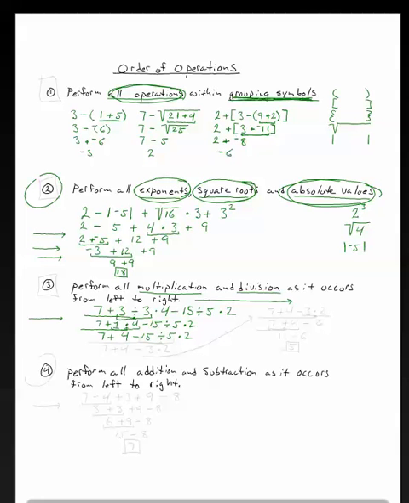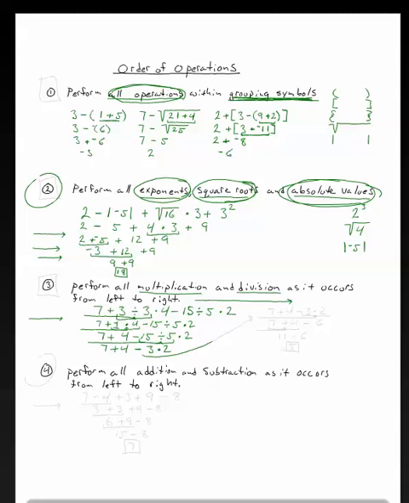And now I've still got multiplication or division in my problem, so I scroll from the left to the right looking for a multiplication or division. And I find one right here. 15 divided by 5. And I'm going to say that's 15 divided by 5 is 3. So 7 plus 4 minus 3 times 2.